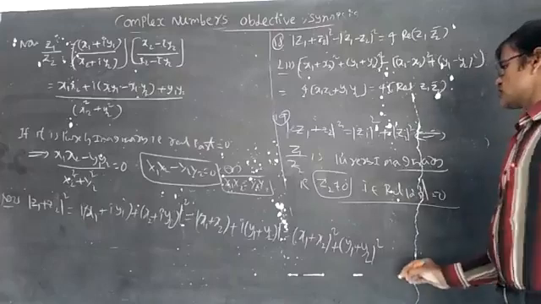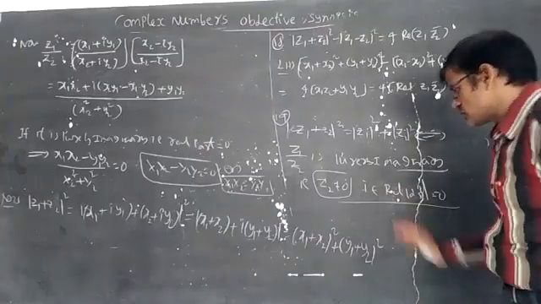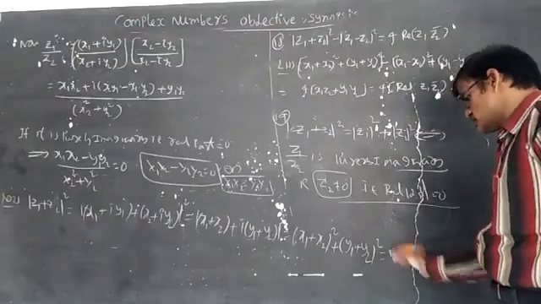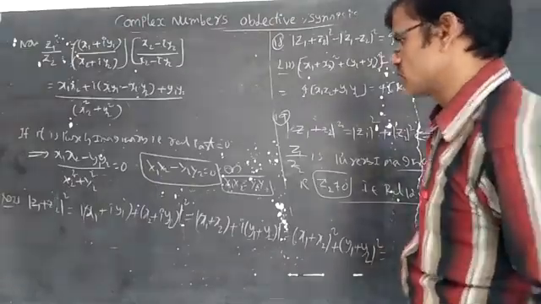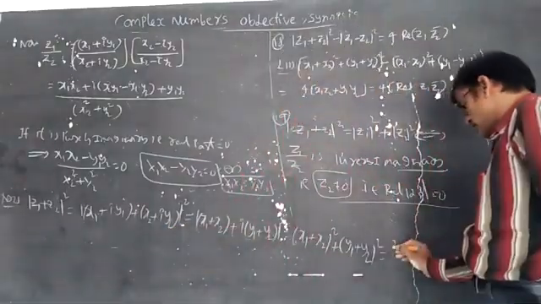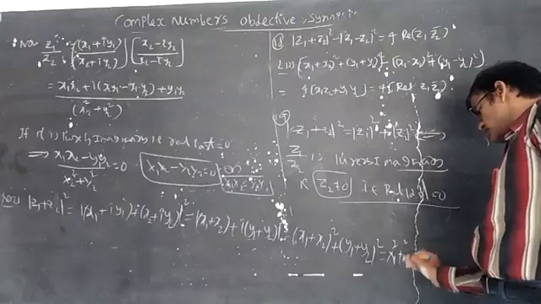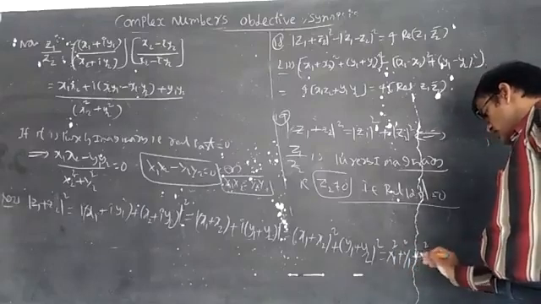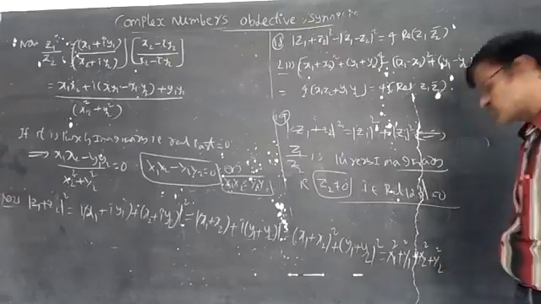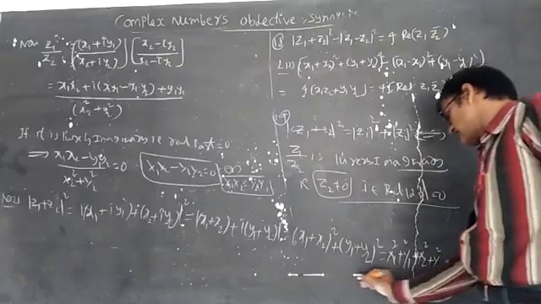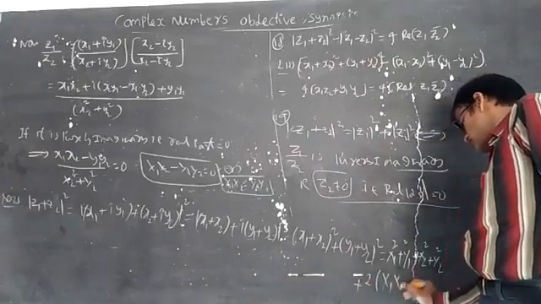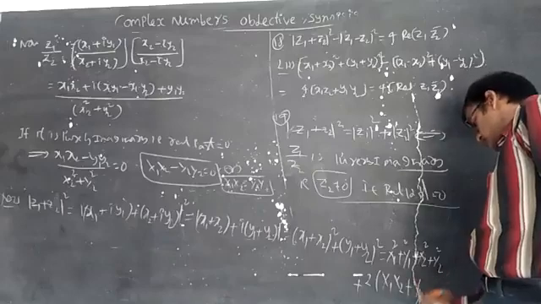It becomes, keep aside, x1 square plus y1 square plus x2 square plus y2 square plus 2 into x1 x2 plus y1 y2.